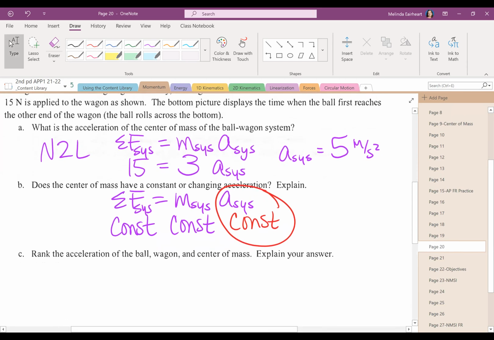C, rank the acceleration of the ball, wagon, the individual objects, compared to that of your center of mass. And so the wagon is going to accelerate what direction? To the right. And so just note to self, we know this was to the right.